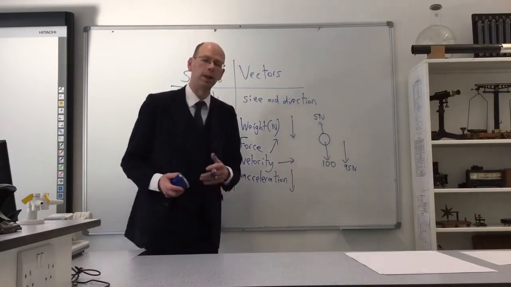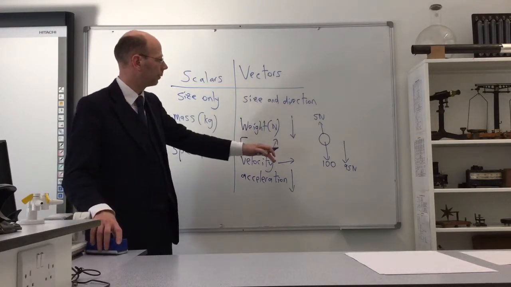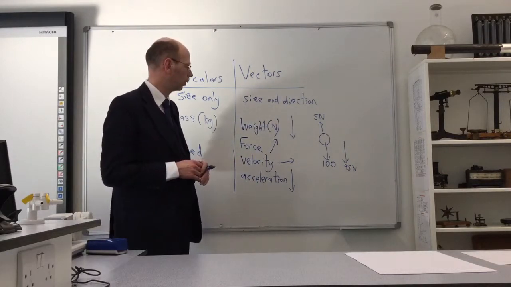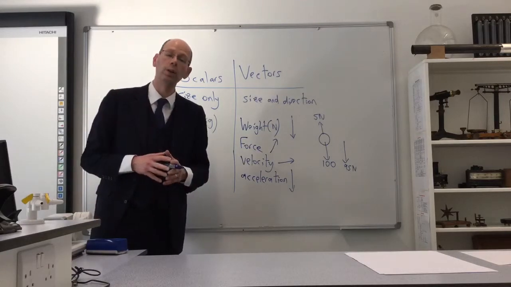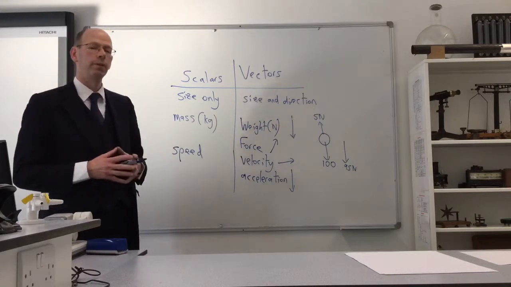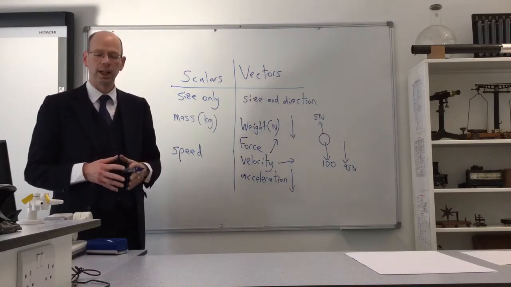Okay, so that would be the vector sum of those two forces. 100 downwards minus the 5 upwards gives me an effective resultant force of 95 downwards. So vector quantity is very useful in physics, lots of different cases where we can use them. And remember, the key difference is that vectors have a size and direction, scalars have only size.